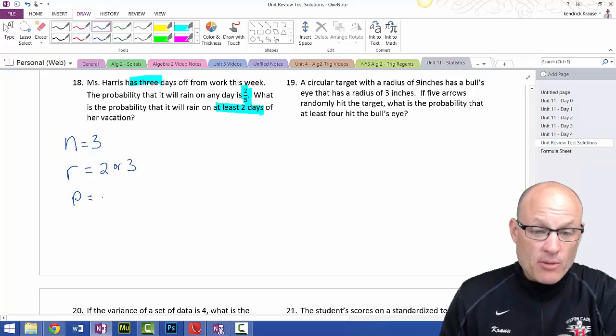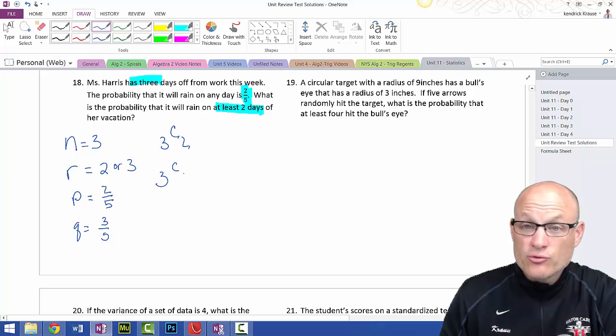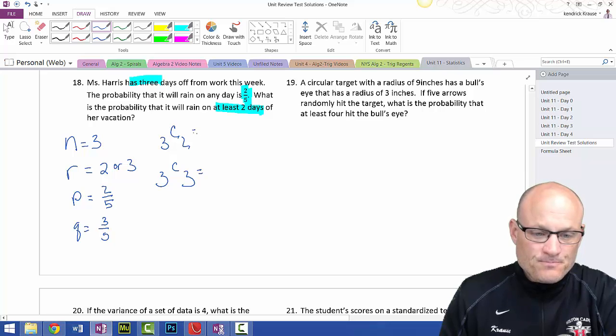The P, the probability it will rain, because we're looking for rain, is 2 out of 5. The probability it will not rain is 3 out of 5. So we need to create 2 equations. We need to create a 3 choose 2 equation and a 3 choose 3 equation.